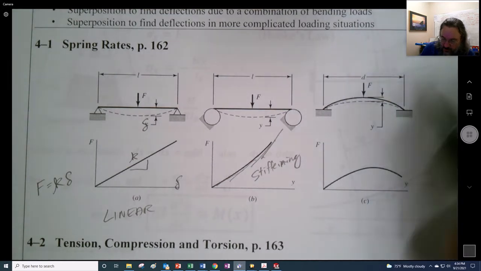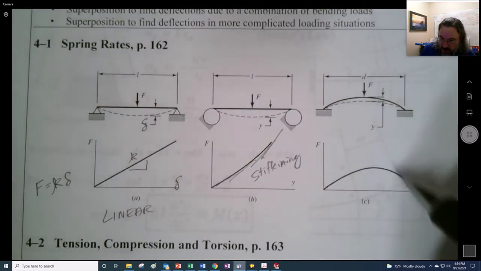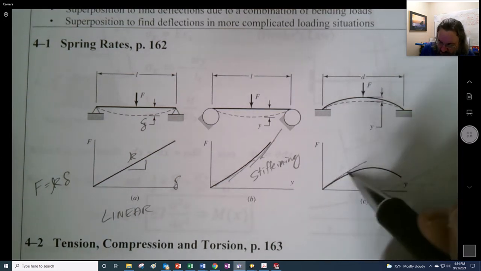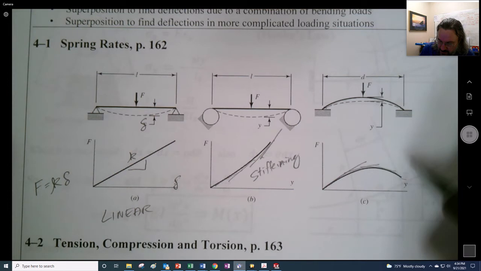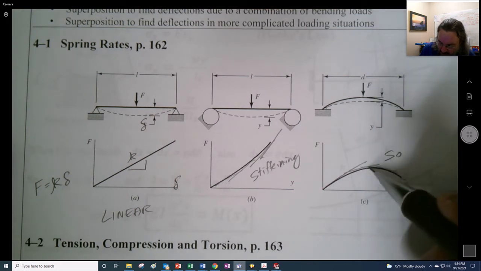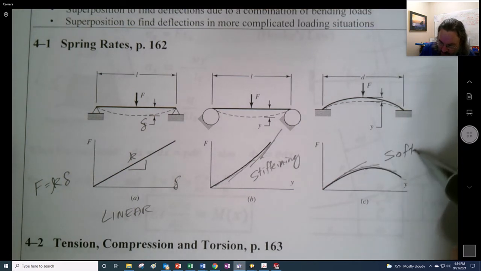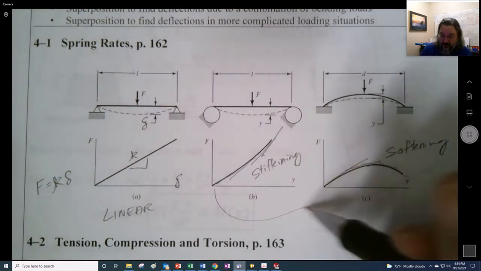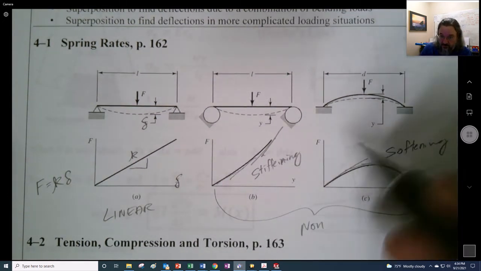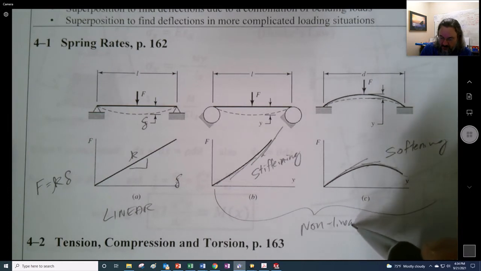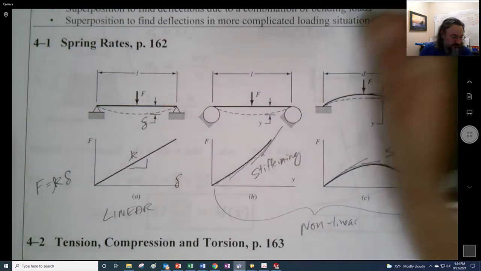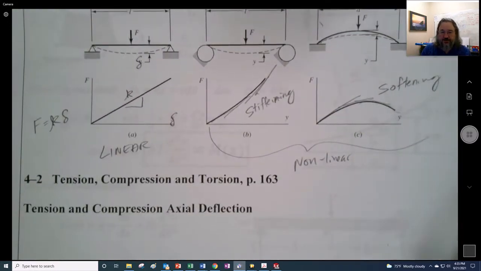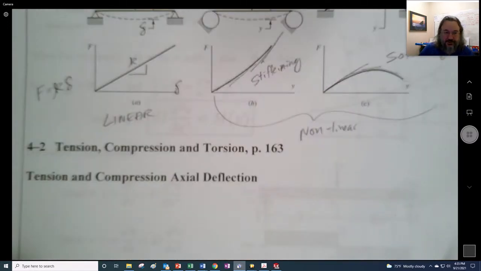We can also have one where there's a sudden change as well. These are non-linear behaviors. What you're seeing here is that the slope is getting less and less, so up to that point we're softening. These are non-linear, and they make problems more difficult. So we would prefer to stay in the linear range because it's a lot easier to deal with.